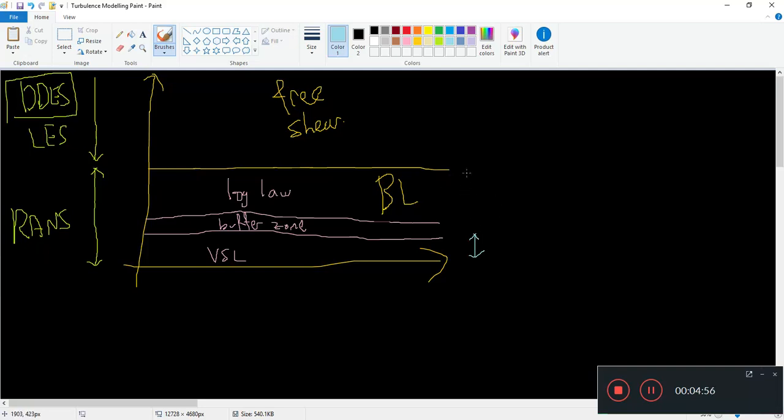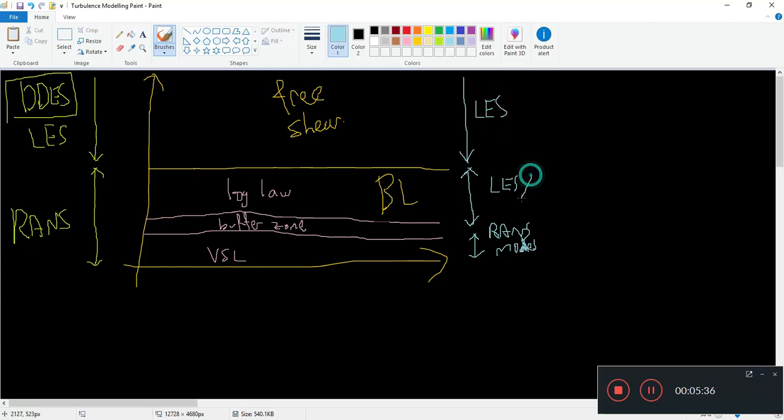So wherever you have turbulence here, you can use LES. And of course, anywhere here you can use your RANS model. The RANS model will be used here in the buffer zone, especially in the viscous sublayer. This is where your RANS model will be used for modeling this wall viscous region. Anything above, you use LES to resolve.